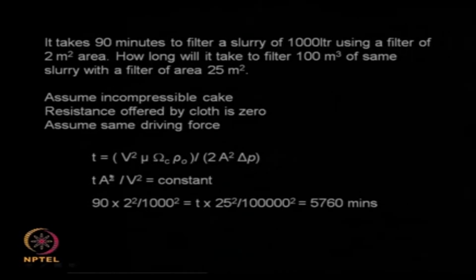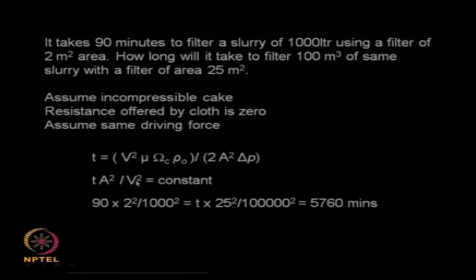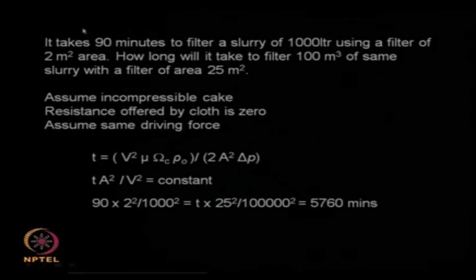That means you are bringing A to the left hand side, so it comes to the numerator, and you are bringing the V to the left hand side, so it comes to the denominator. So T A square by V square is a constant. So initially it is given as 90 minutes to filter 1000 liters, using a 2 meter square area filter setup. So 90 into 2 square divided by 1000 square.